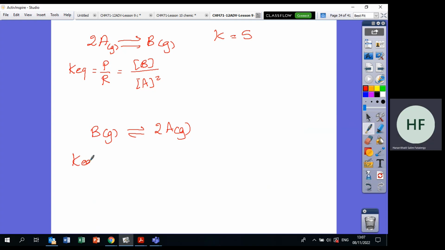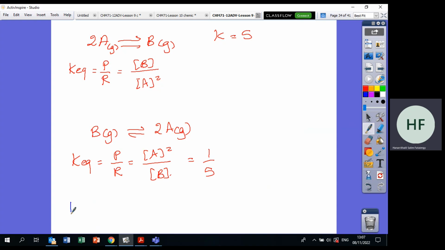Now, what is the Keq here? Products over reactants, A squared over B. Notice that here B is numerator and here B is denominator. Here A is denominator, and there A is numerator. So we flip the fraction. So if K here is 5, this K will be 1 over 5.